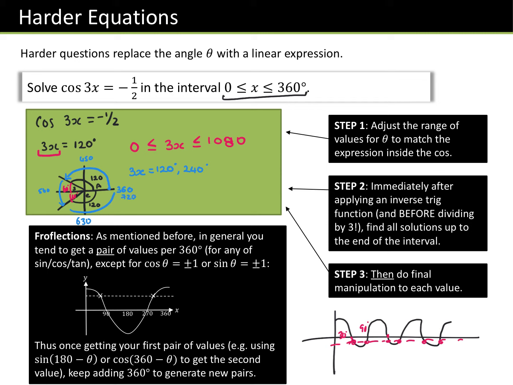So now I carry on going round. If I'm at 360, and I get to this point again, I've done 360 plus 120, which is 480, so that's my next one. And then I carry on. I have 540 plus 60, which is 600.